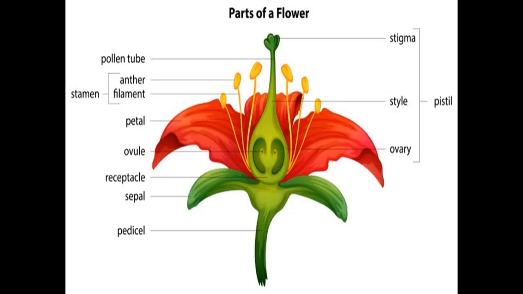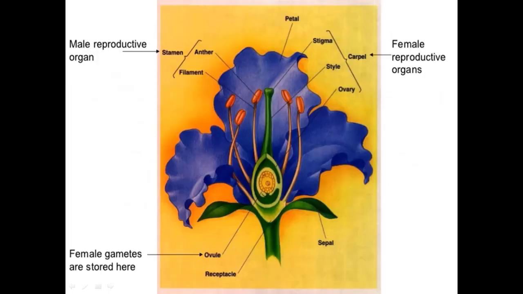Here you are going to find the other parts of the flower, where you see the ovule, sepal, receptacle, petal, and the pedicel. As I told you just now, the male reproductive organ is the stamen, and the female reproductive organ is the stigma, style, and ovary.